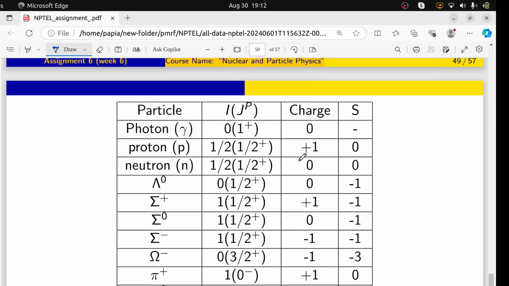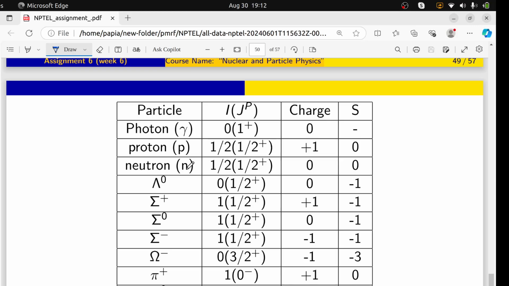Okay, so whatever I was talking about till now, I have made a table of that. To know all the answers regarding elementary particle physics questions, we just need to remember some of the particles, their charge, strangeness number, and Jp configuration.